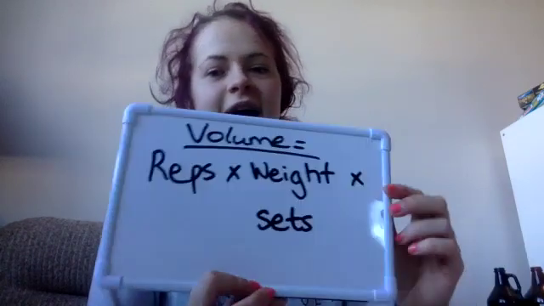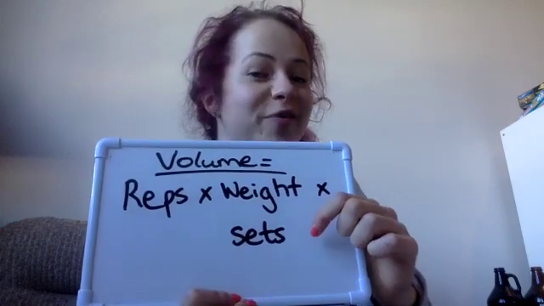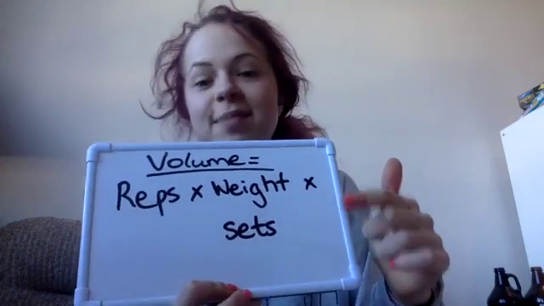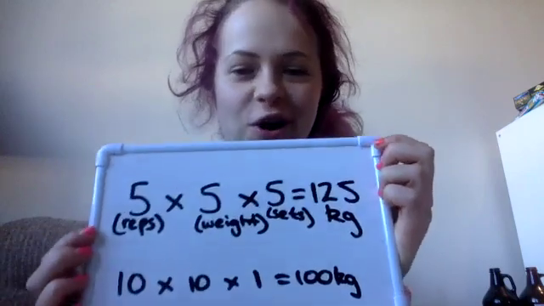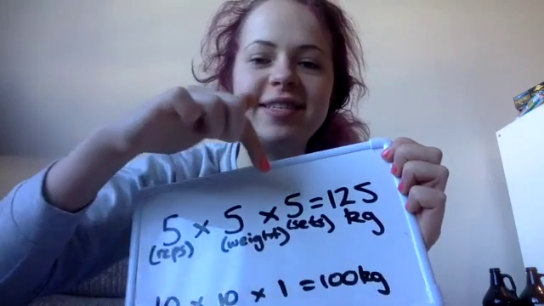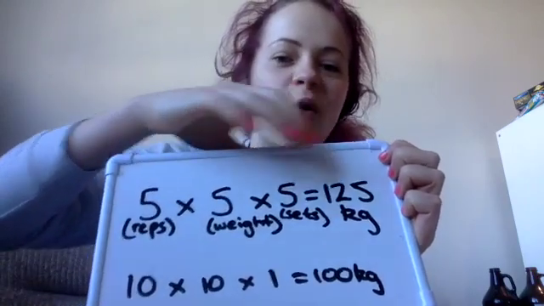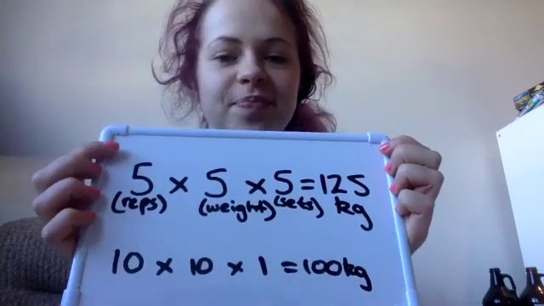Say for a particular exercise like a squat, I was to do 5 reps of 5 kilos for 5 sets. So 5 times 5 times 5 equals 125, meaning that my total training volume would be 125 kilos. To make that a little more concrete, you can see 5 reps of 5 kilos, 5 sets, all that together equals 125 kilos, and that's my total training volume.